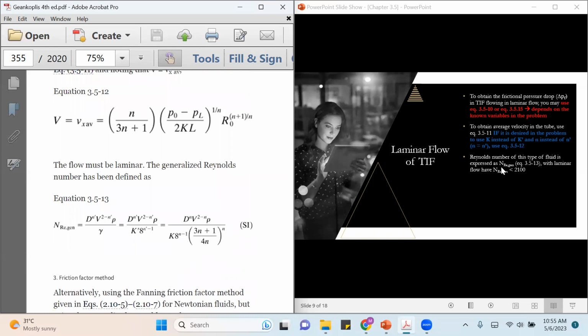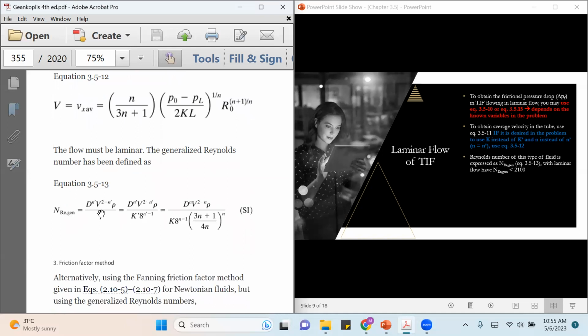Laminar flow has a generalized Reynolds number of less than 2,100. If I want to use gamma and N prime, then use this to find the generalized Reynolds number. If I want to use K prime and N prime, use this. If I want to use K and N, use this. All will give you the same generalized Reynolds number.